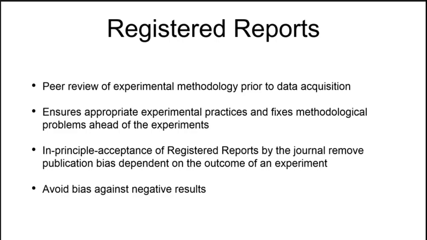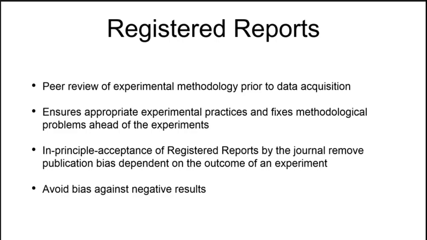And that may lead to alterations of the study plan, but then at the end of the process, the journal provides an acceptance in principle, saying we will publish your study regardless of the outcome, whether the hypothesis that is tested in such an experiment is true or false, positive or negative, as long as the methodology is followed according to the plan.